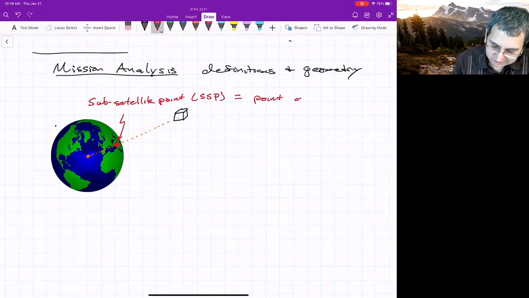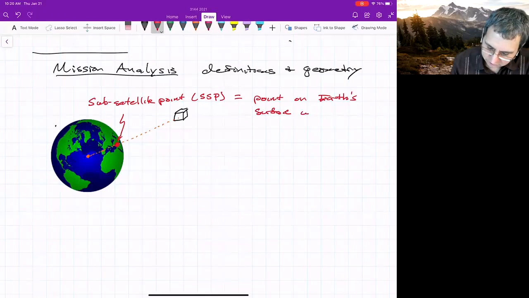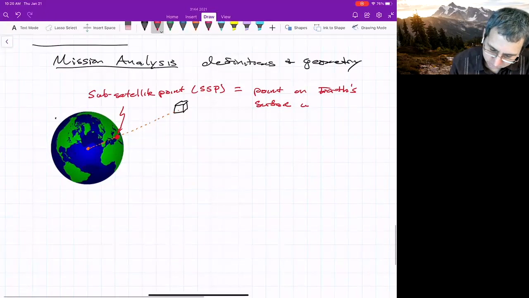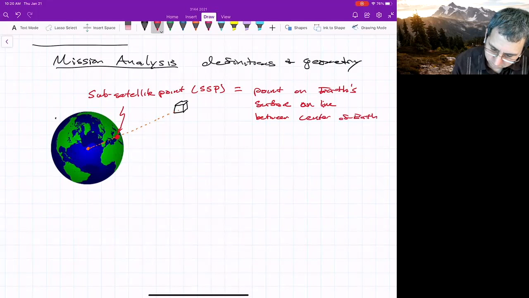This is the point on the Earth's surface, because often we care about the Earth's surface. Point on the Earth's surface on the line between the center of the Earth and the spacecraft.